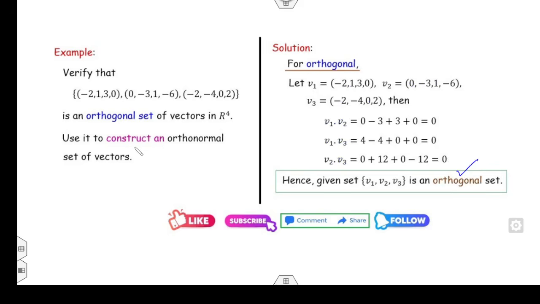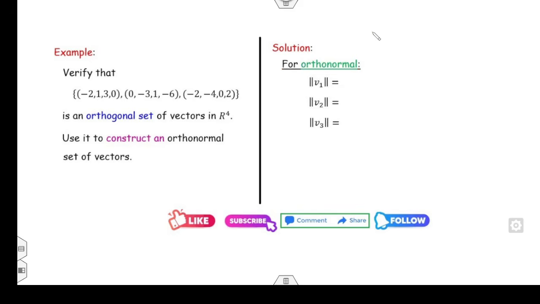Now use it to construct the orthonormal vectors. Once they are orthogonal vectors, yes, you can construct the orthonormal ones. We can calculate the norm of v1, the norm of v2, and the norm of v3. The norm of v1 is the root of minus 2 whole squared plus 1 squared plus 3 squared plus 0, which comes to root 14.